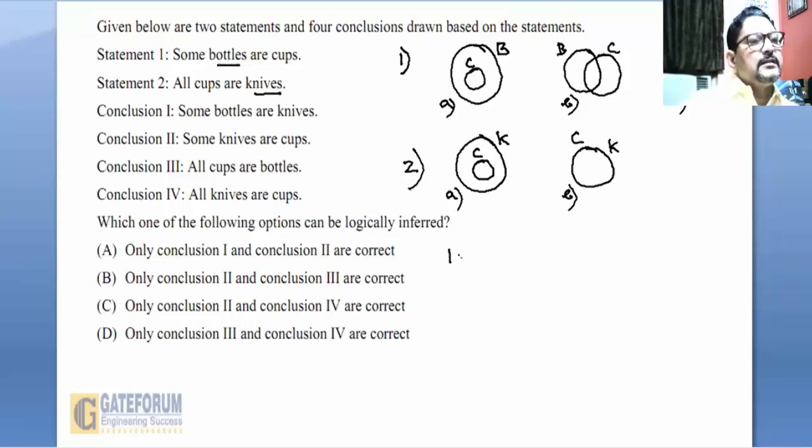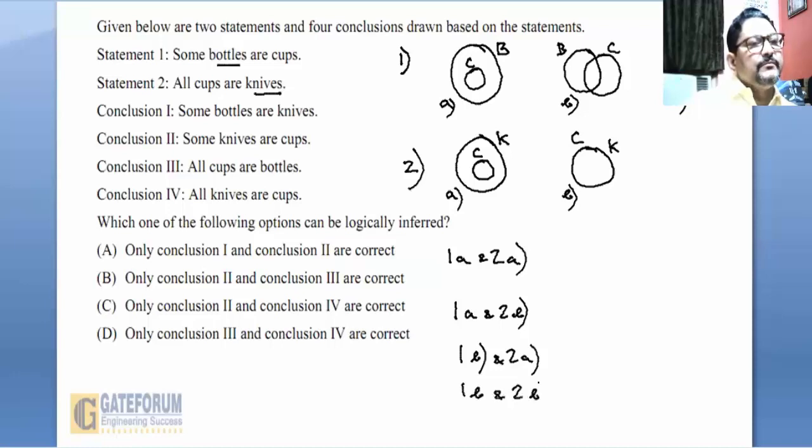I can select 1A and 2A. I can select 1A and 2B. I can select 1B and 2A. I can also select 1B and 2B.